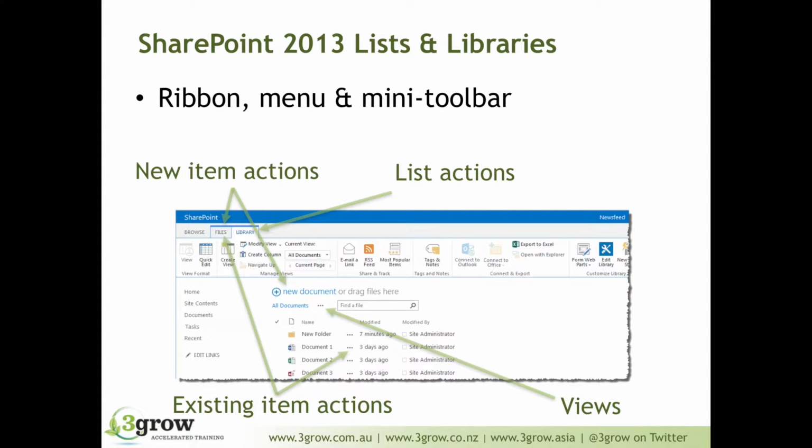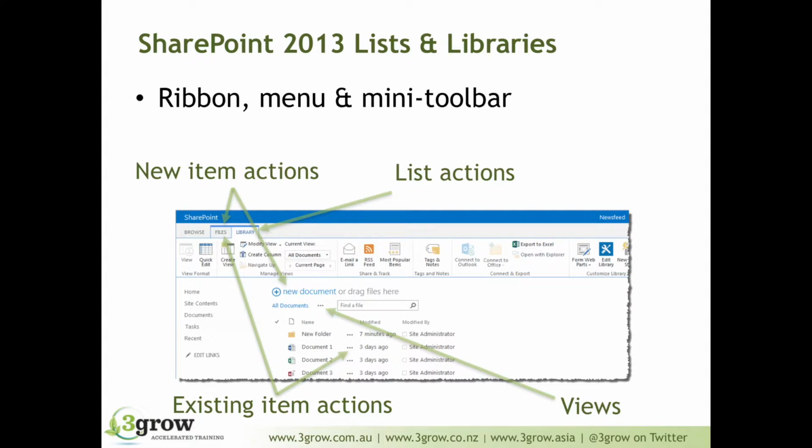You'll notice that SharePoint 2013 followed very much the same principle as 2010 as far as the list and library interface was concerned. However, there was the inclusion of the mini toolbar. You'll see that it is very simply just that option that states to add a new document.